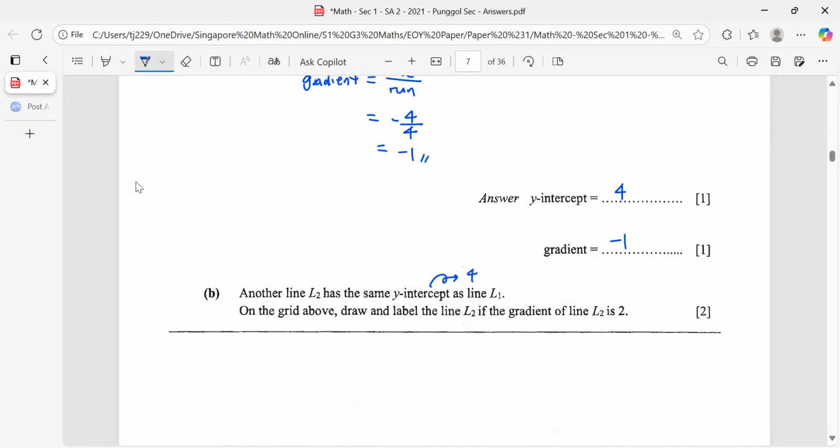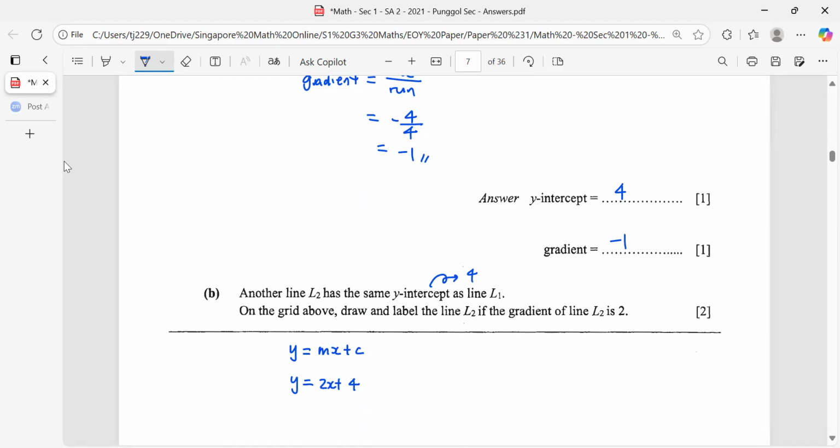On the grid above, draw and label line 2 if the gradient of line 2 is 2. Okay, the gradient of line 2 is 2. That means, let's say in a general equation, it will be y equals mx plus c. So now if we know that the y-intercept is 4, c is 4, right? Gradient 2, so it's y equals 2x plus 4.